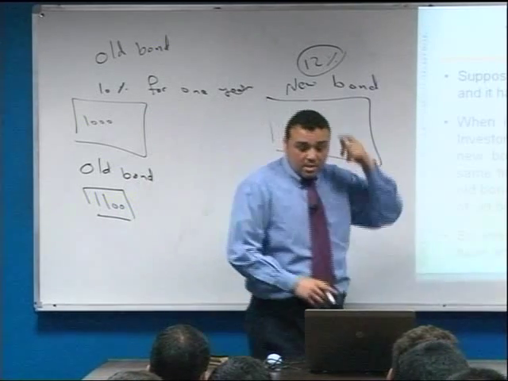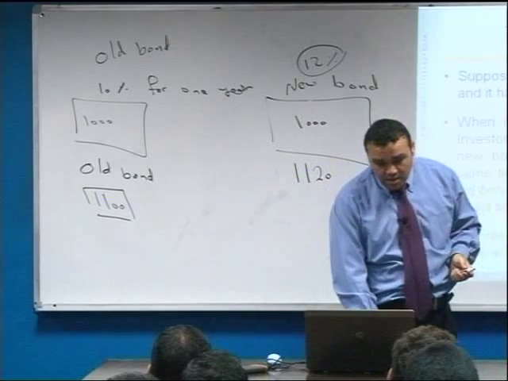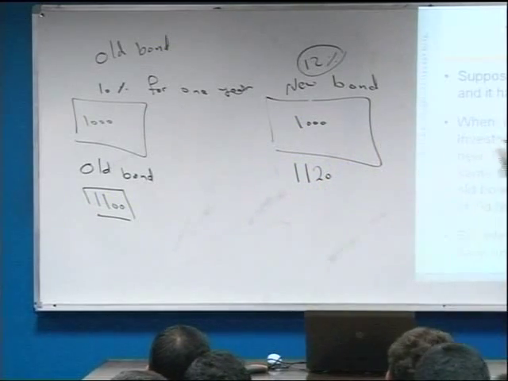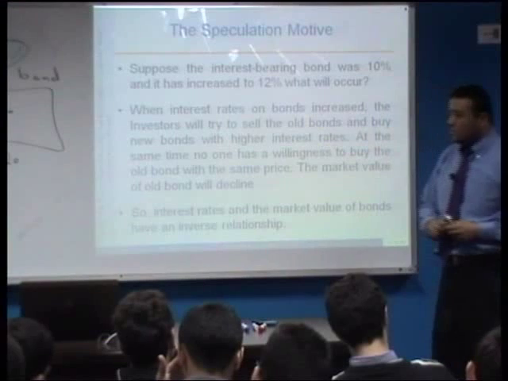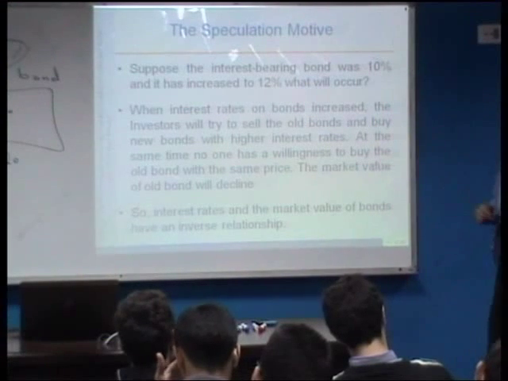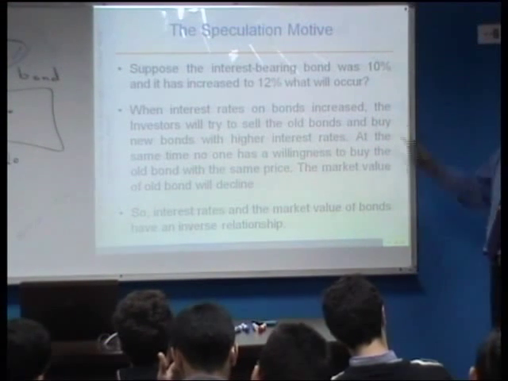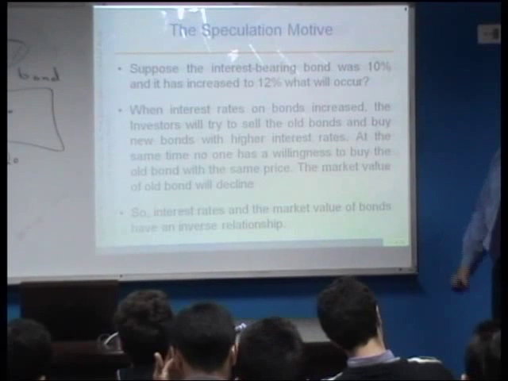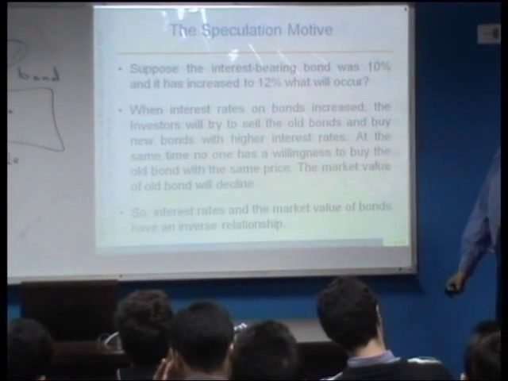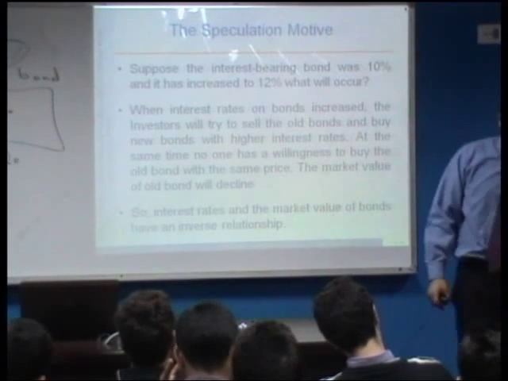تمام؟ طيب. So let's come back to this slide. As you see, suppose the interest bearing bond was 10% and it has increased to 12. What will happen?